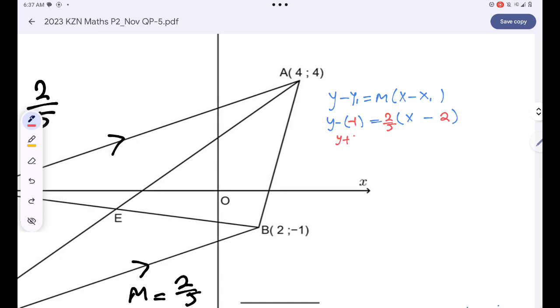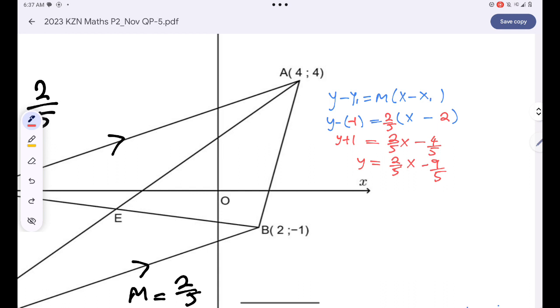So I'll simply have y plus 1 is equal to 2 over 5x minus 4 over 5. Then y is equal to 2 over 5x minus, this will give me 9 over 5. Let me check. 4 over 5 minus 1.